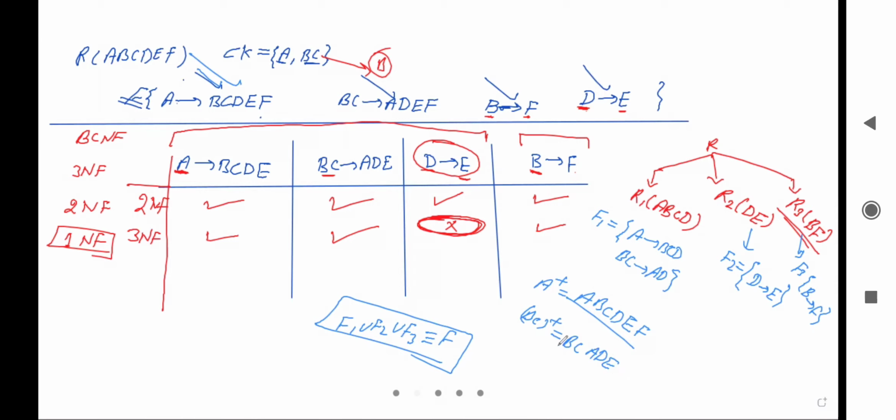So it can derive ADEF. It means this one also is satisfying. What about B goes to F? B goes to F is directly given, and D goes to E is directly given, right? It means dependency is preserving. Is it clear to all?